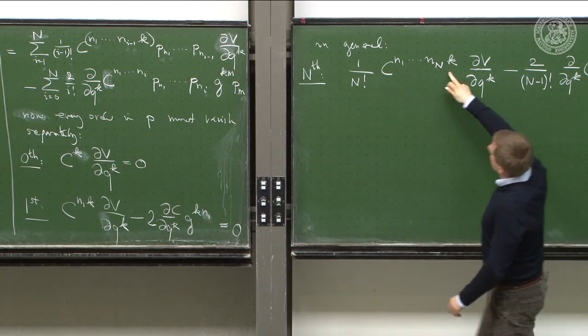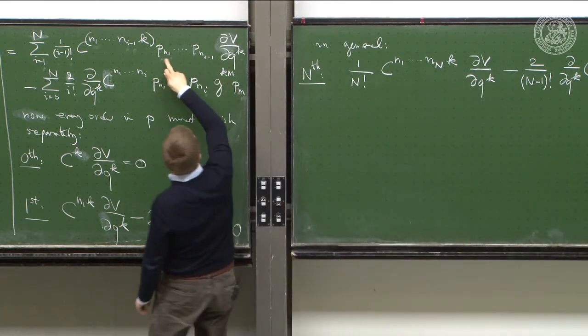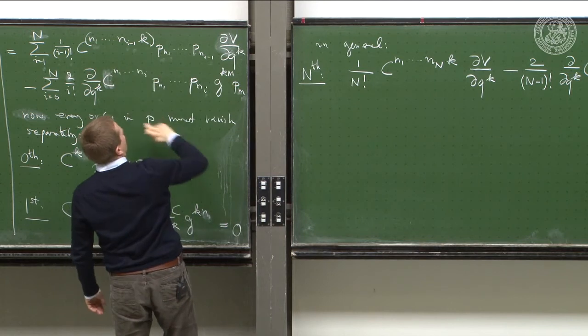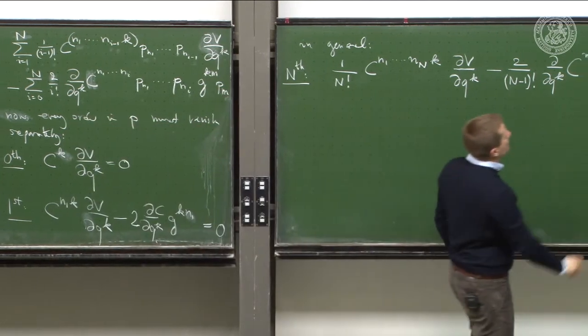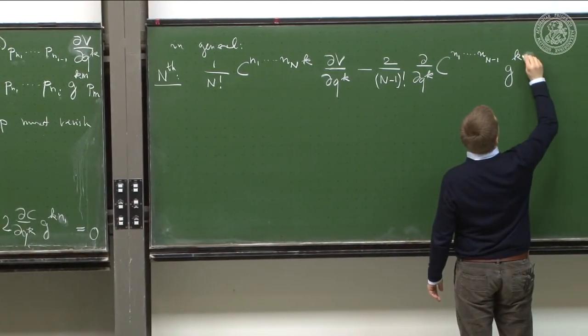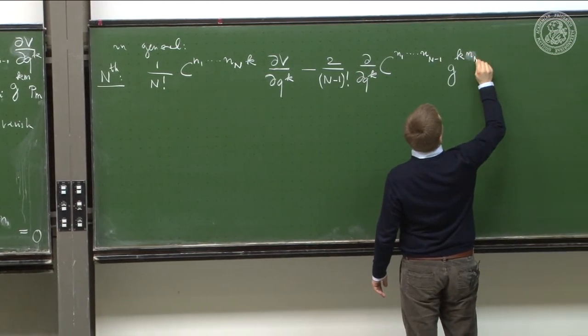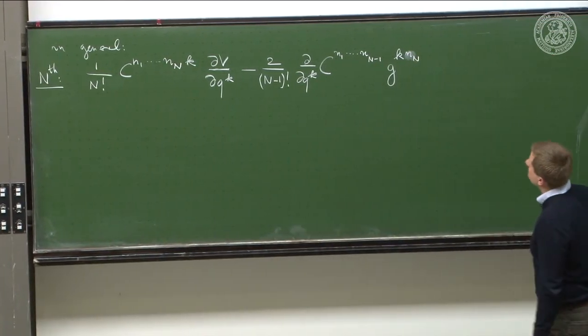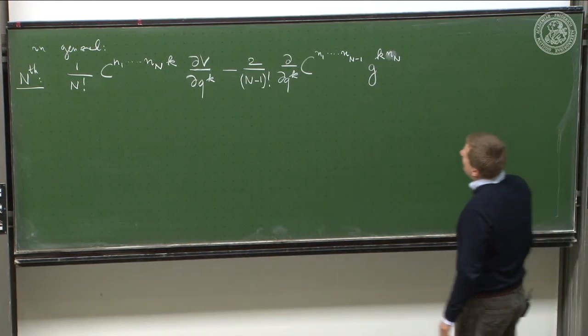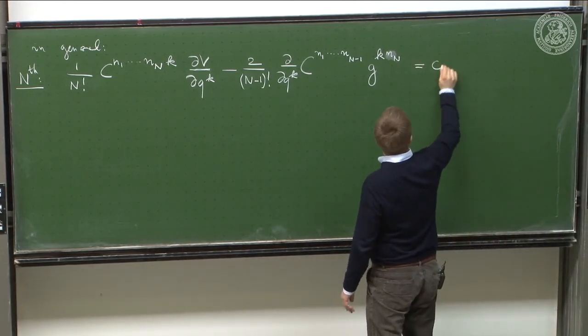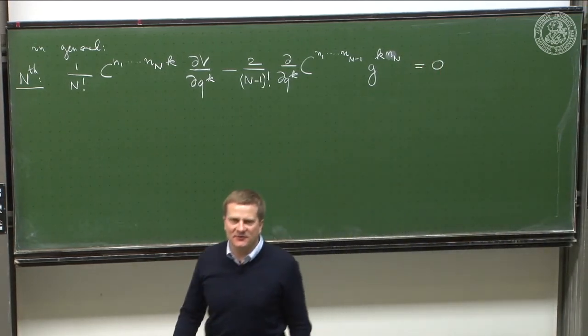But again, the p's here were all in this order n. This last one I need to bring into that same order, so I call this capital N equals 0, and at this point we would have made a mistake.